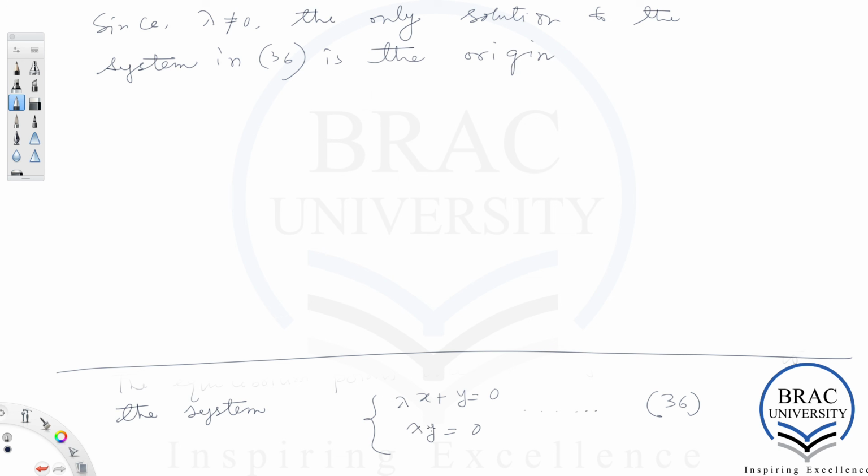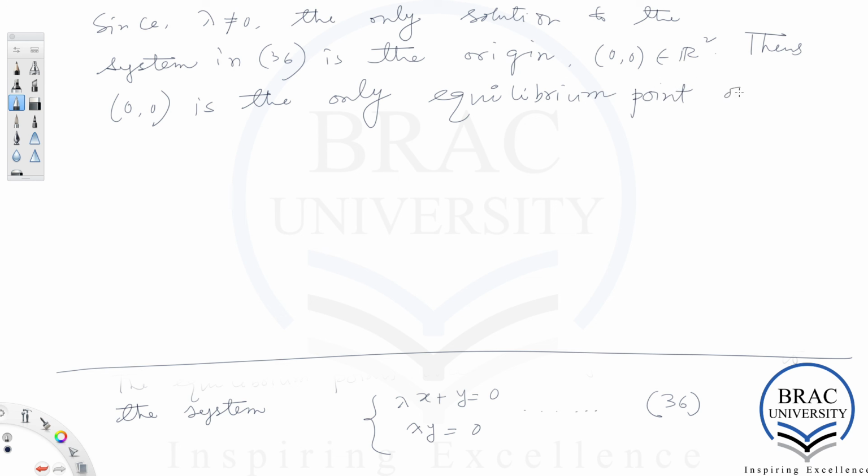Because if lambda is non-zero, the only way we can solve it is by putting y equal to 0 and x equal to 0, which is the origin itself, the origin 0, 0 in R2. Okay, thus 0, 0 is the only equilibrium point of the system given by equation number 35.